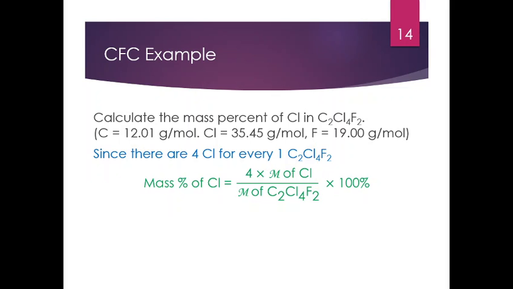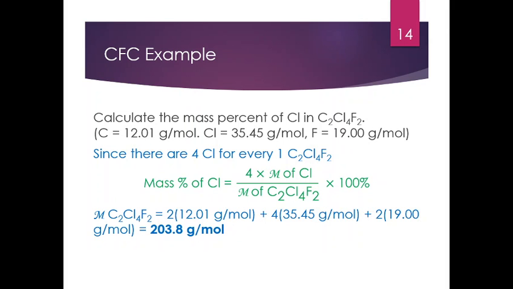And so first we need to figure out the mass of our entire molecule. I give you the atomic masses of carbon, chlorine, and fluorine, so you just need to make sure to plug those in where they need to go. Here we know that we have 2 carbons, 4 chlorines, and 2 fluorines. So plug it in as 2 times 12.01 plus 4 times 35.45 plus 2 times 19.